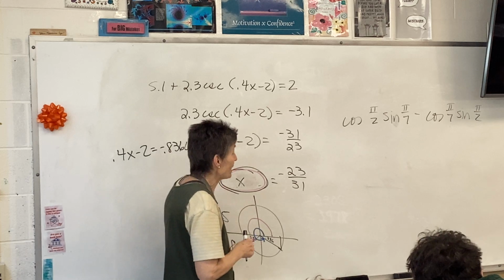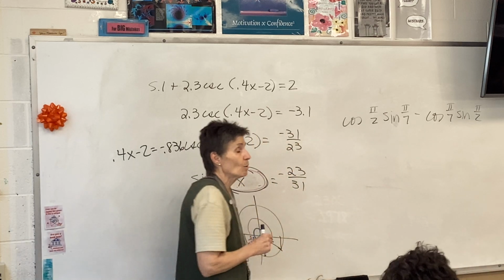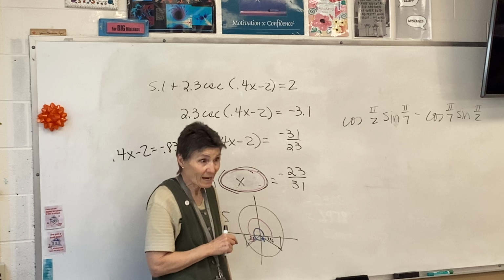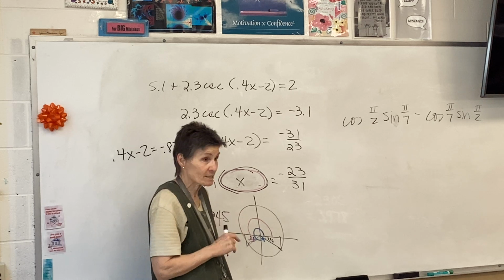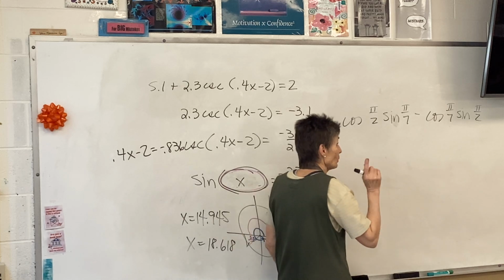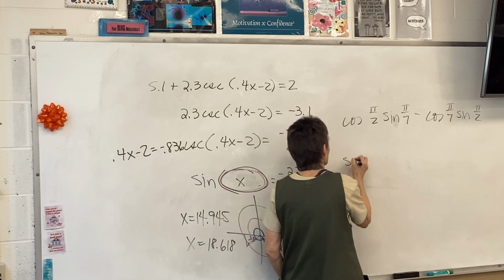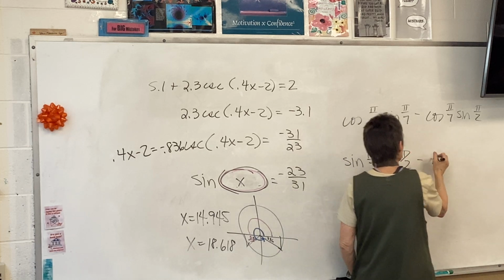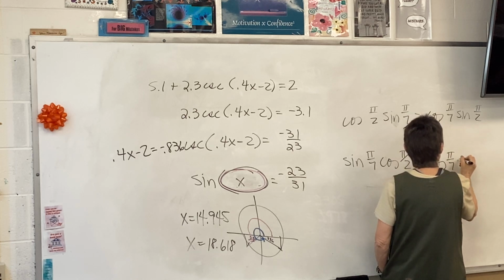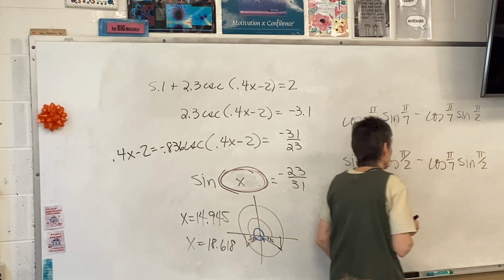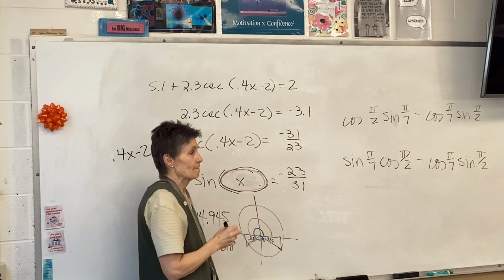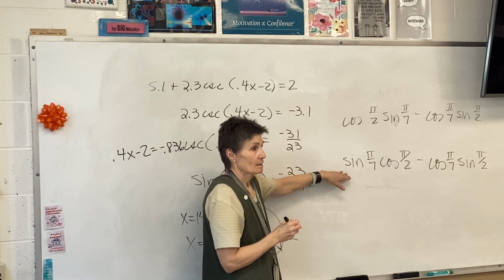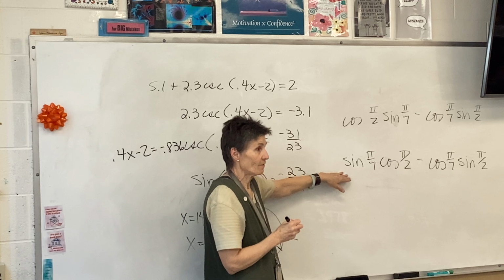Now, you need to be careful. This is a sine formula. You need to be really careful about the order though, because it's a subtraction and subtraction's not commutative. So the actual identity says sine of the first, cosine of the second, minus cosine of the first, sine of the second. This is what your identity says. So what is your alpha?